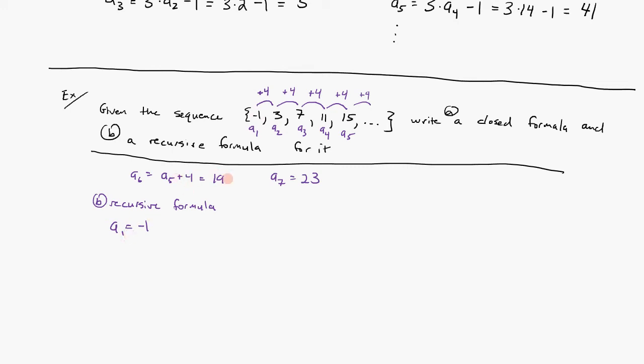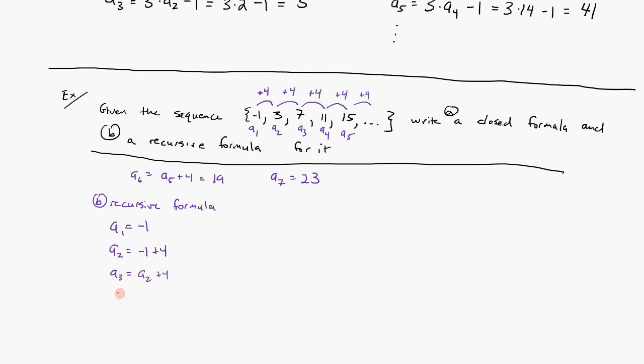And we see that we're adding 4 each time to the previous term, right? So a sub 2 is equal to -1 plus 4, right? And then a sub 3 is equal to a sub 2 plus 4, right?